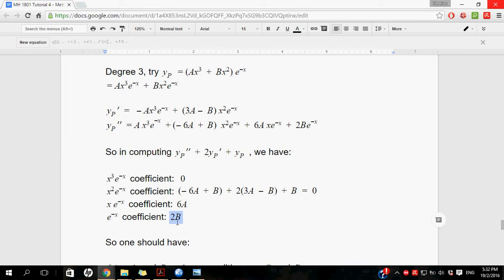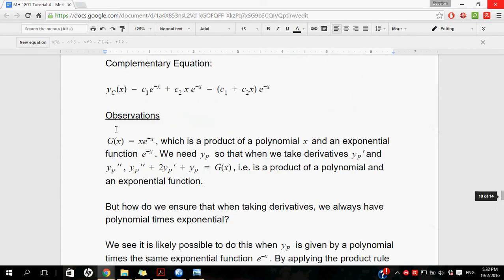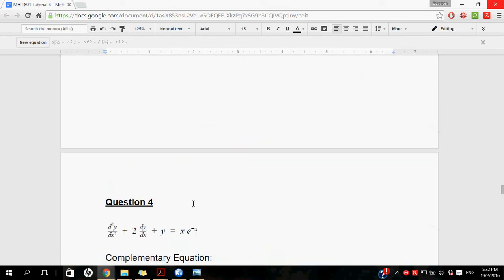So having determined all of these coefficients, we compare them on both sides of our differential equation, and we see that 6a equals 1, meaning that a is 1 over 6, and 2b equals 0 because there's no such term e to the minus x on the right hand side of our differential equation.